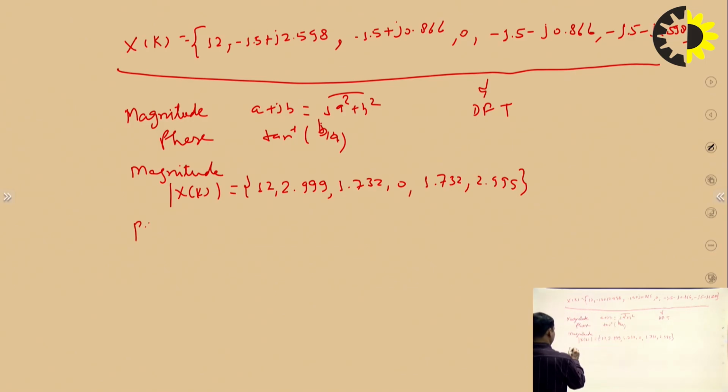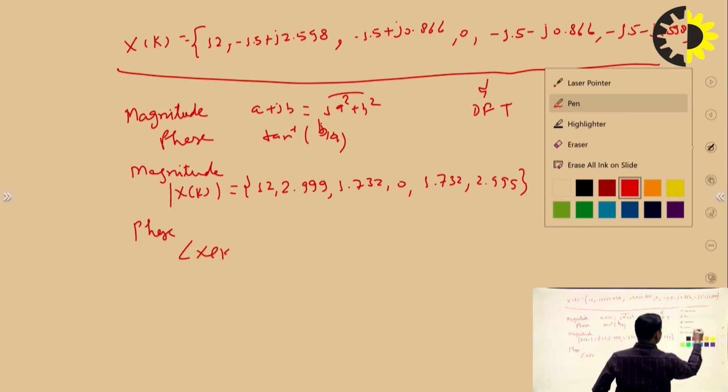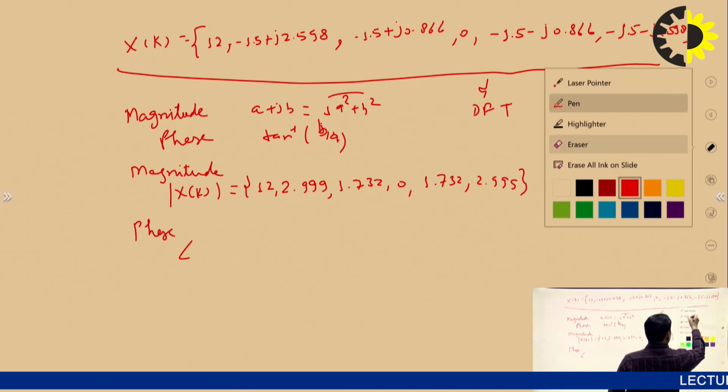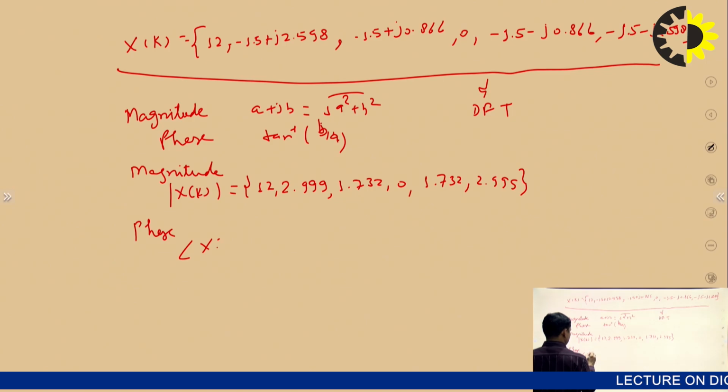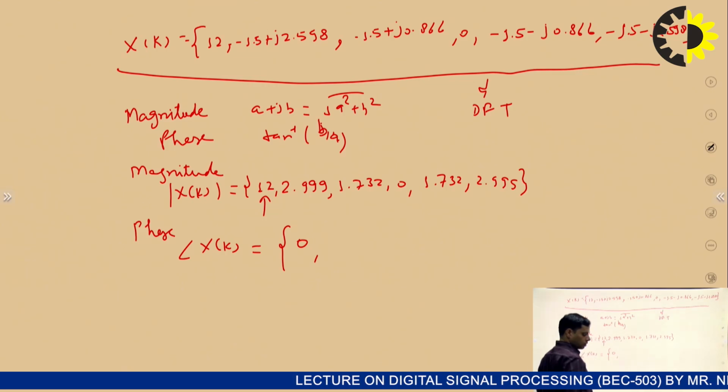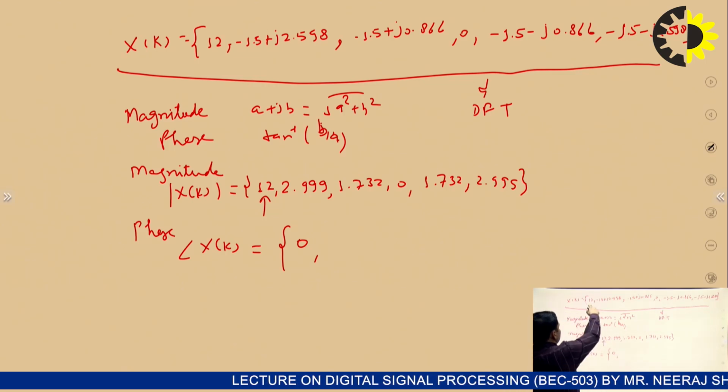Then the phase we can evaluate. It can be written like this. For x naught it comes out 0, then tan inverse of b upon a. So tan inverse of 0 by 12 comes out 0.